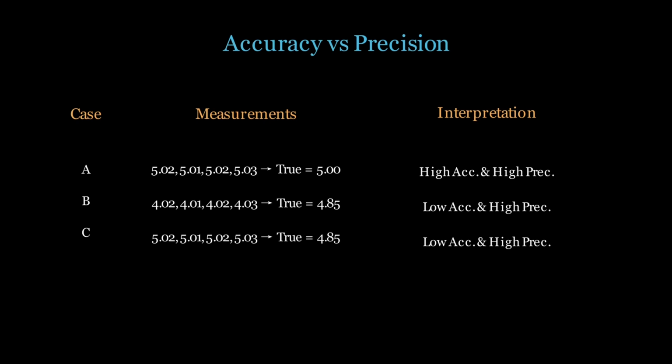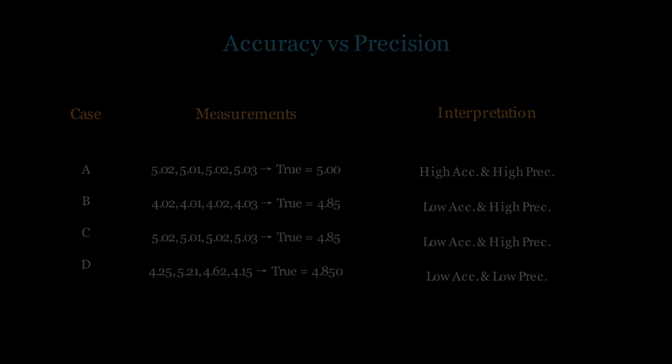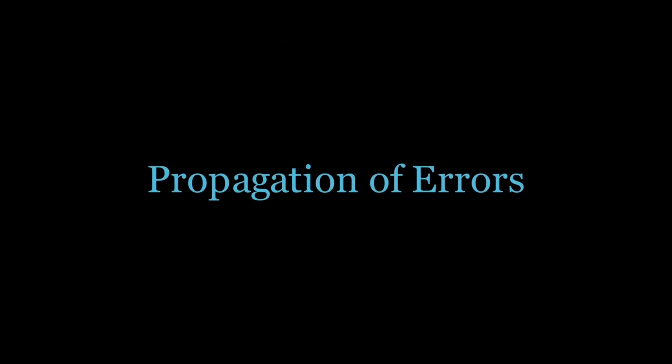Same goes for the third case. And finally, in the fourth case, we can see that both accuracy as well as precision are low. And if you obtain something like this at the lab, your teacher might ask you to do the experiment all over again. We'll now explore how these uncertainties propagate when we perform operations like addition, multiplication, or exponentiation.